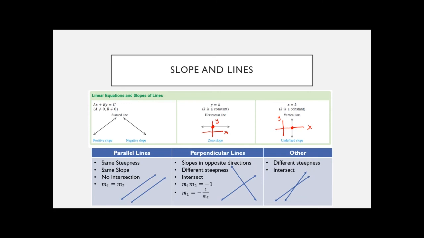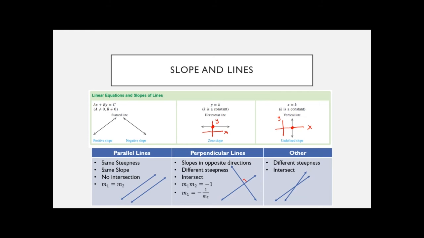Perpendicular lines intersect, and they intersect in such a way that they form a right angle. This is 90 degrees between them. In order for that to happen, their slopes have to be in opposite directions, and their steepnesses are not exactly the same. There's a special product that is true.